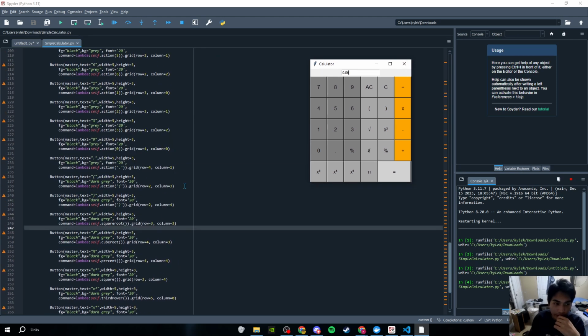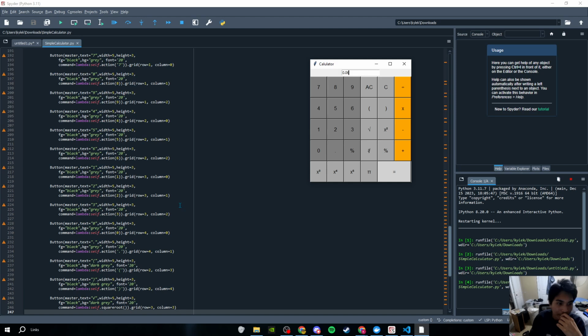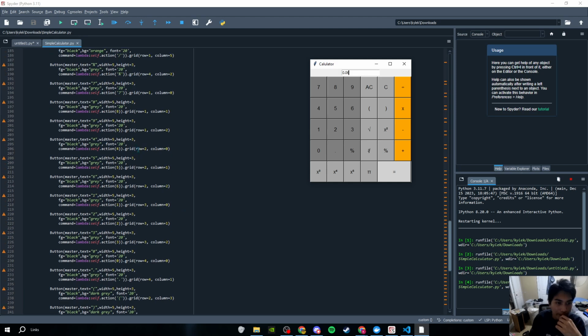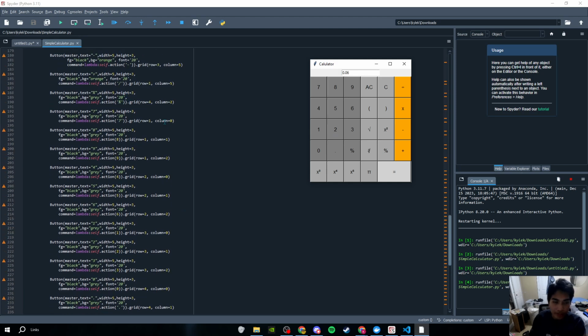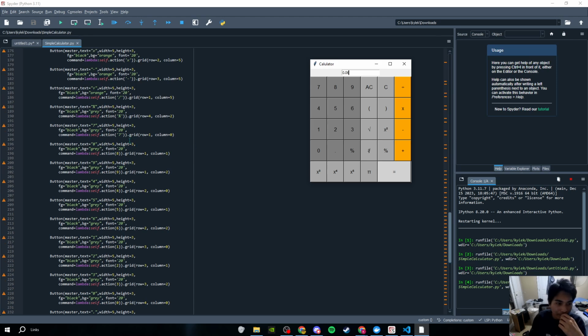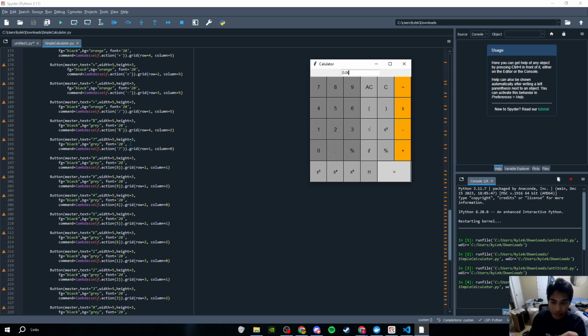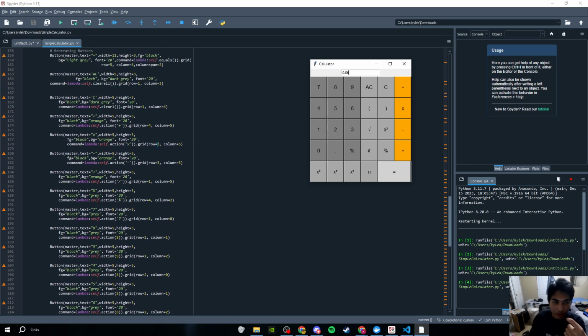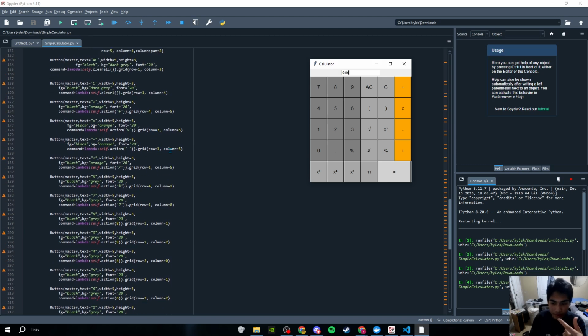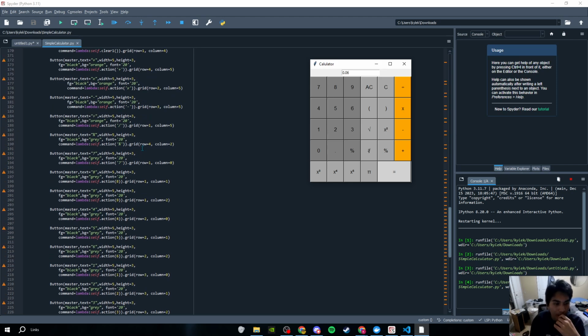So for the button placements, I made all of the buttons same size except the equal button, which is 2 times larger than a regular, width-wise, 2 times larger than the regular buttons.